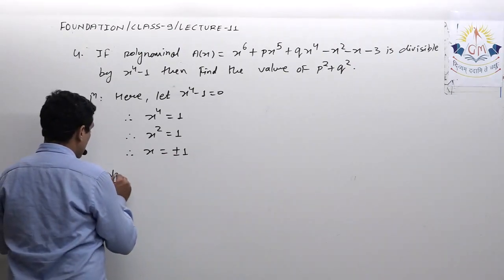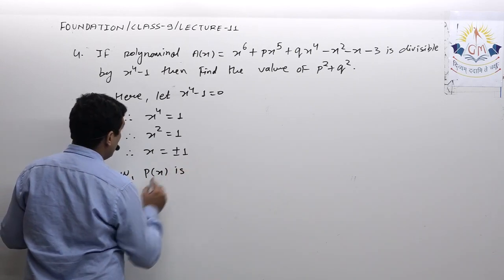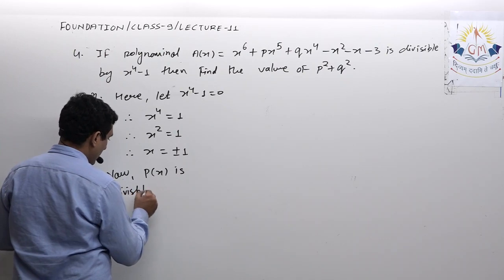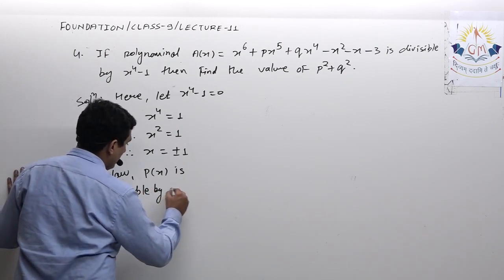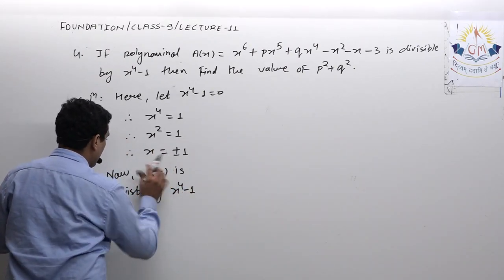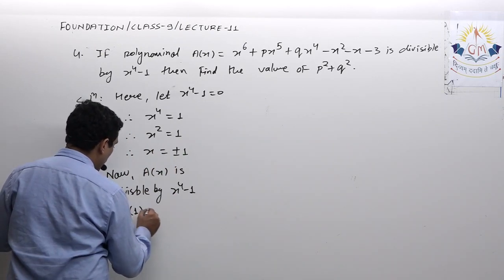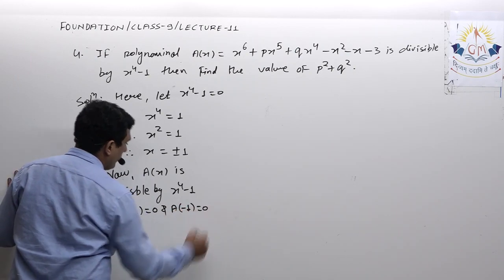Now the polynomial is divisible by x raised to 4 minus 1. Therefore I can say not px, actually it is ax. Therefore I can say a of 1 equal to 0 and a of minus 1 is also equal to 0.